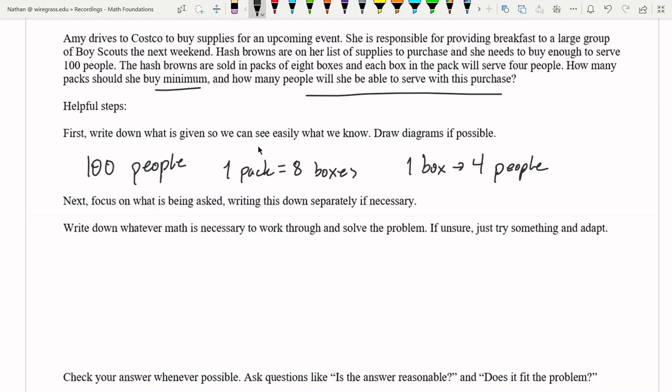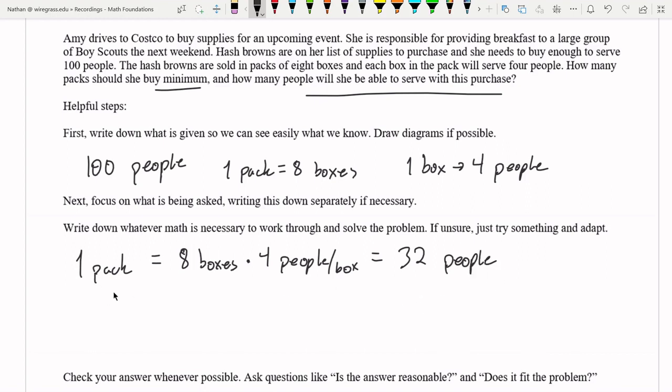Well, if 1 pack has 8 boxes and 1 box serves 4 people, then 1 pack is going to be 8 boxes multiplied by 4 people per box. 8 times 4 is 32 people.